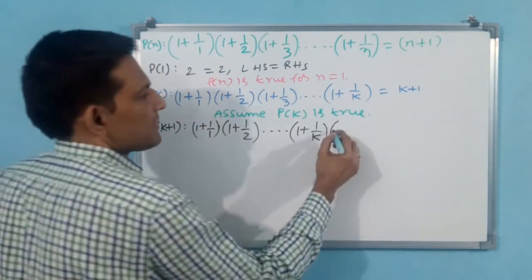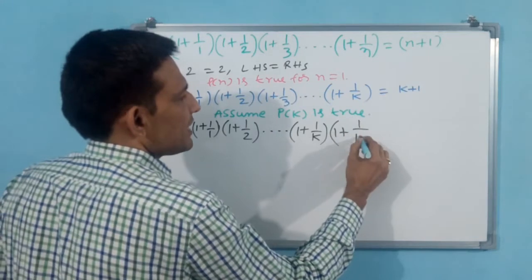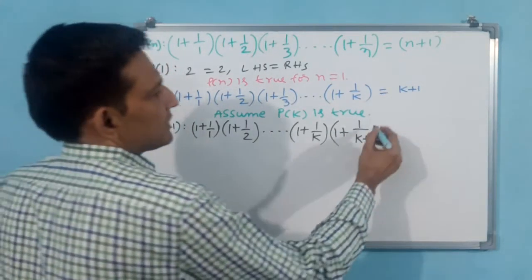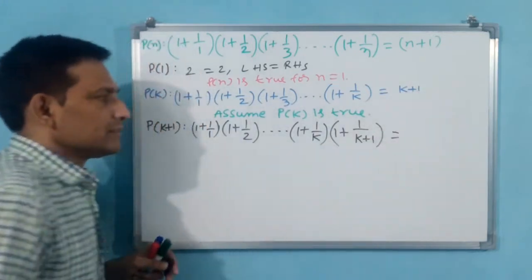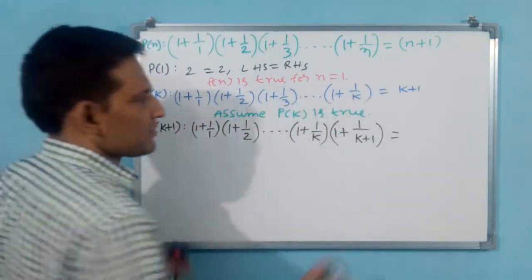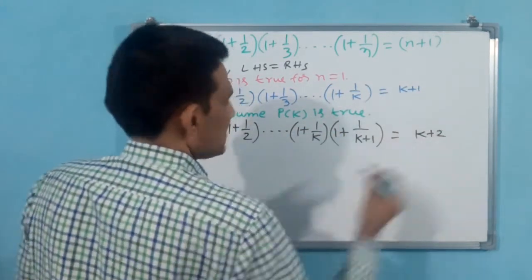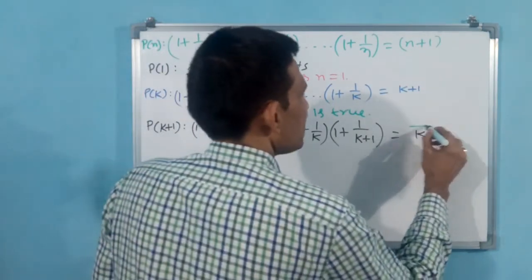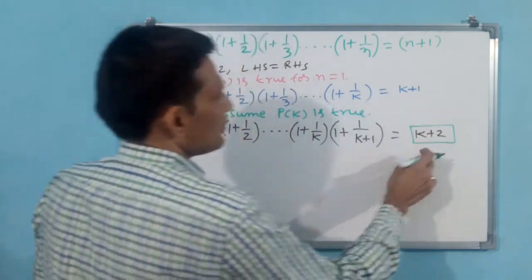1 plus 1 by k plus 1. Is it okay now? Okay. Here RHS is k plus 1 plus 1, k plus 2. See what you have to do. You box this RHS of Pk plus 1. This we have to prove.